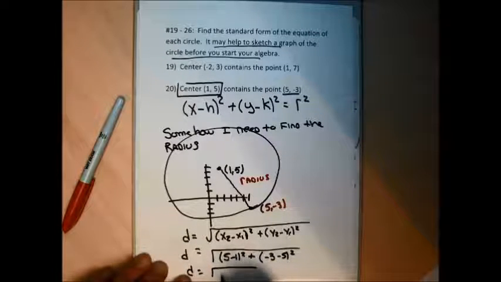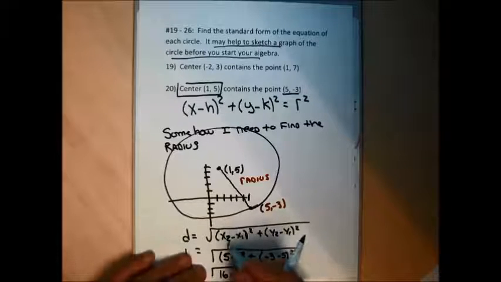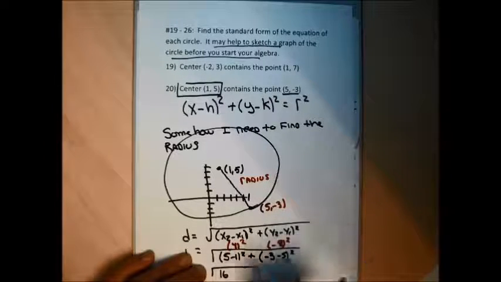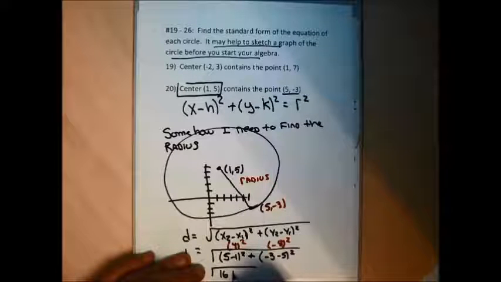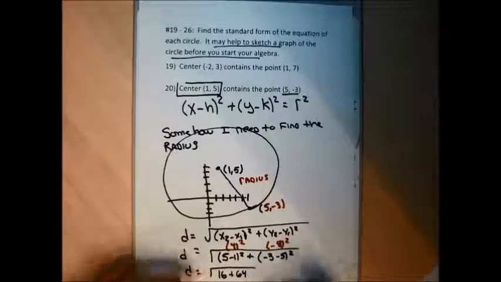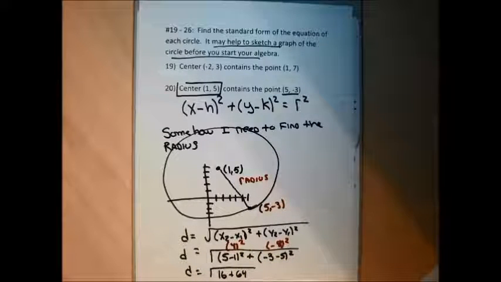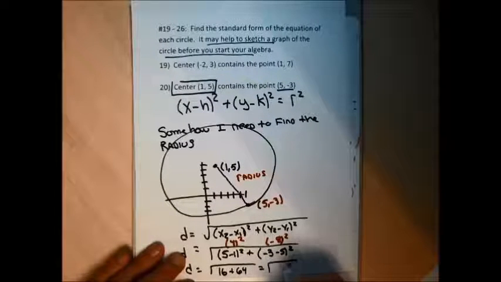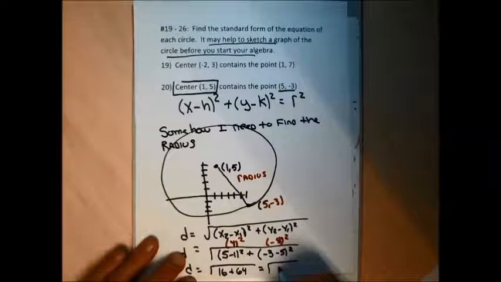That's 4 squared, which is 16. This is minus 3 minus 5, which is negative 8 squared, which is 64. So the radius is 16 plus 64, which is 80. That's unfortunate. The square root of 80.